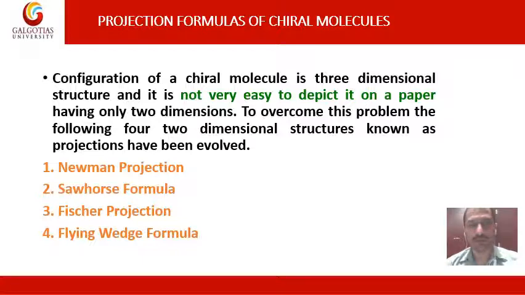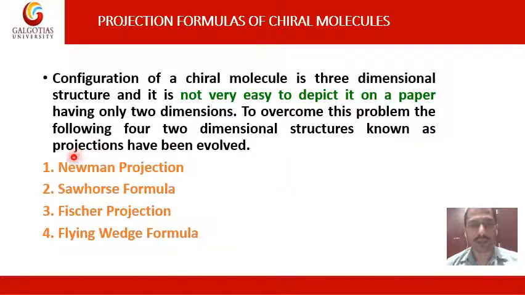The configuration of a chiral molecule is three-dimensional and it is not very easy to depict on a paper having only two dimensions. To overcome this problem, the following four two-dimensional structures known as projections have evolved.